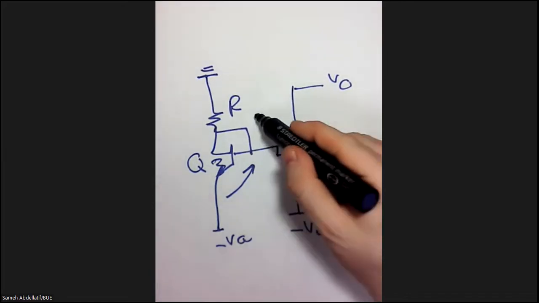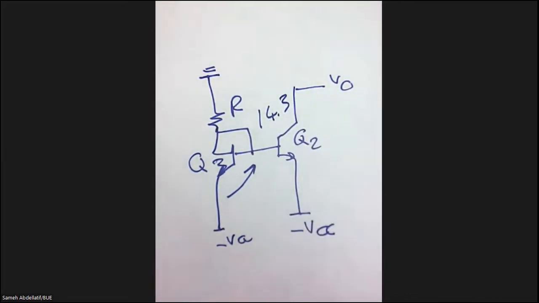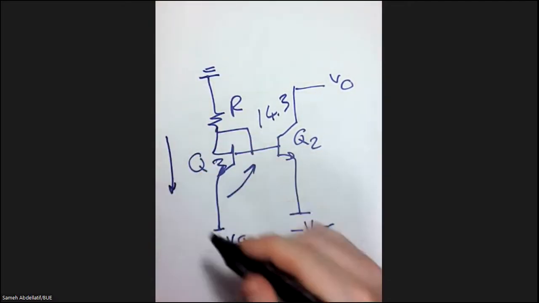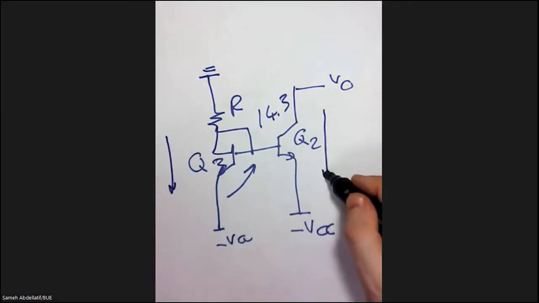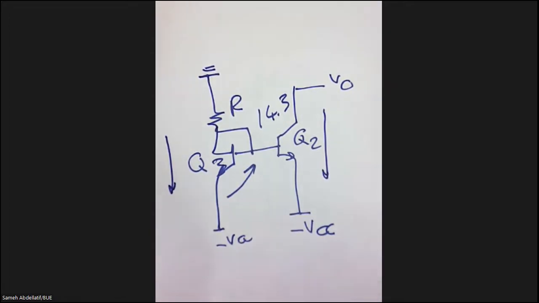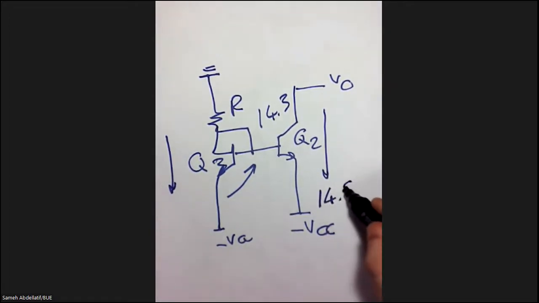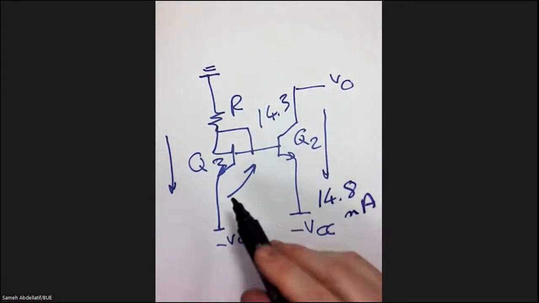So simply this point is 14.3. But what about the current flowing here? We know the current here. This is the current we just calculated together, the 14.8 milliamperes, if you remember. What about the current here?